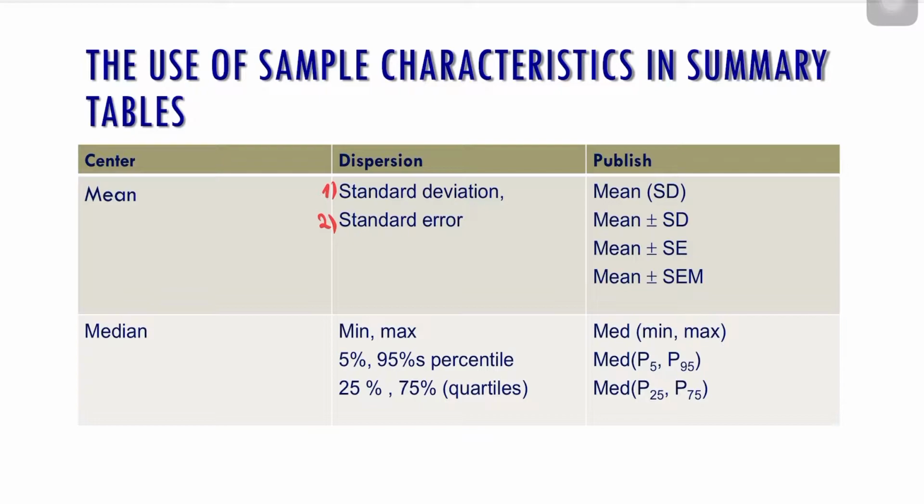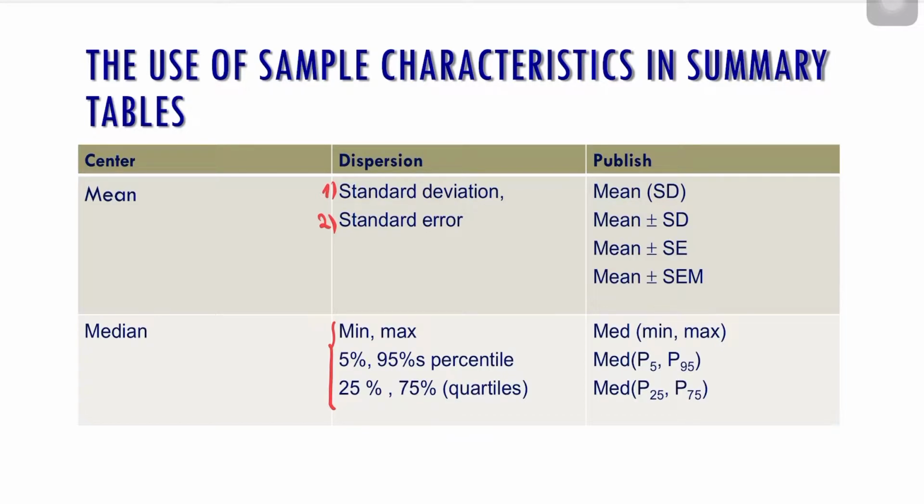For every value of the mean, we can find a standard deviation. Then we can add plus or minus the standard deviation by the mean, or the standard error by the mean. But with the median, we have the minimum or maximum, usually depending on the situation we want.